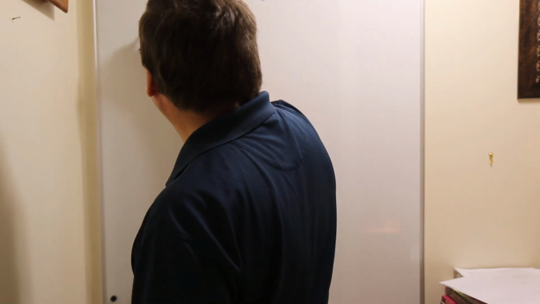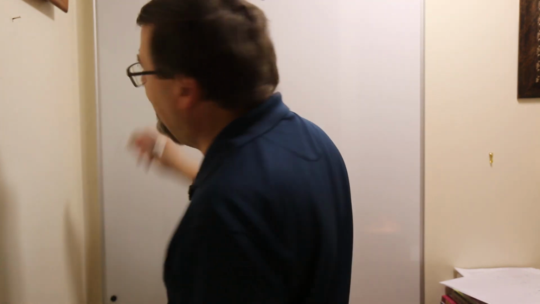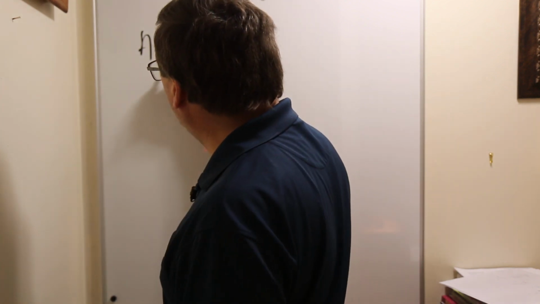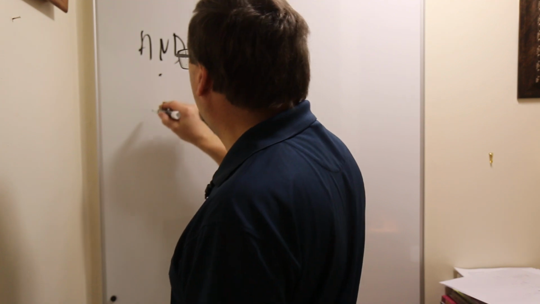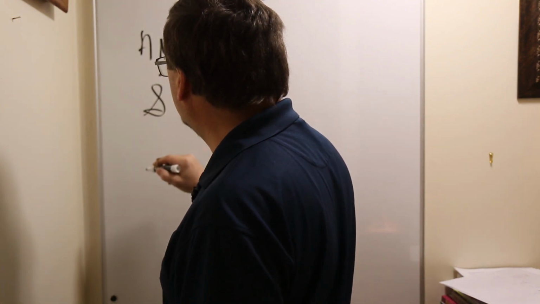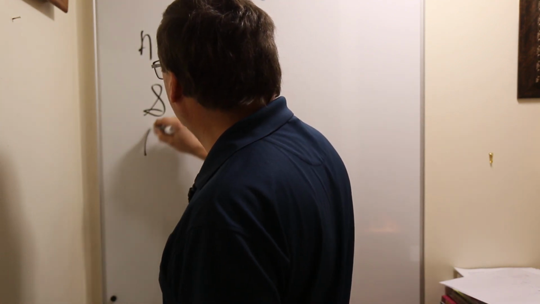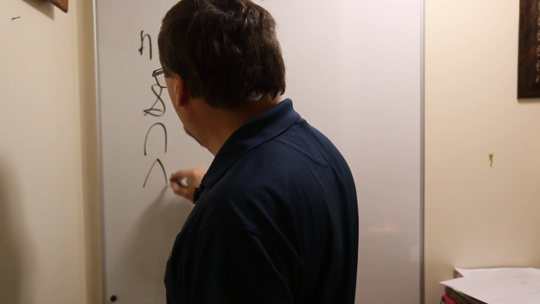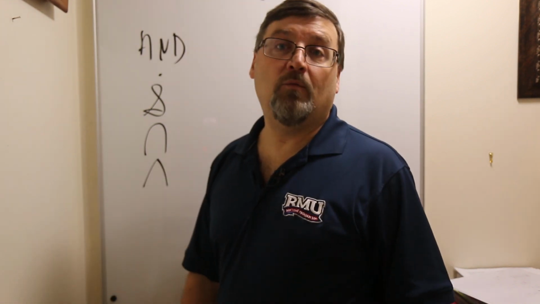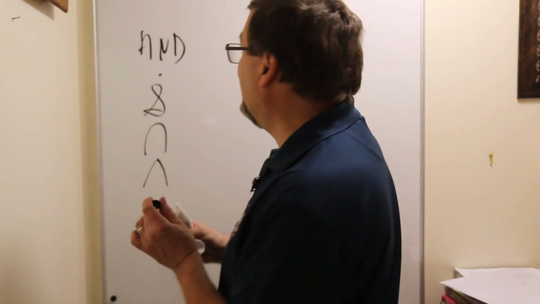So we're going to look at simple truth tables, and we're going to start with AND. AND has symbols that could be a dot, the same symbol as multiply, or an ampersand, or something like that or like that. Those would be the symbols that you might see for AND.